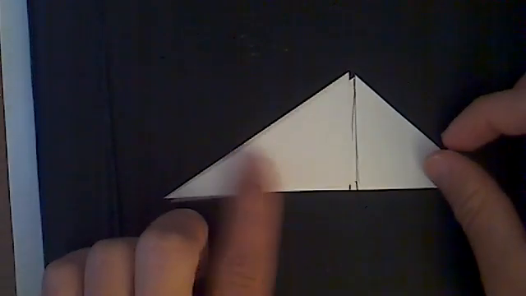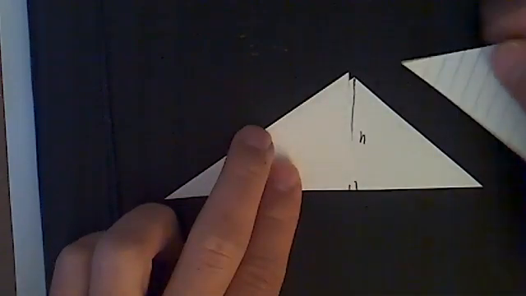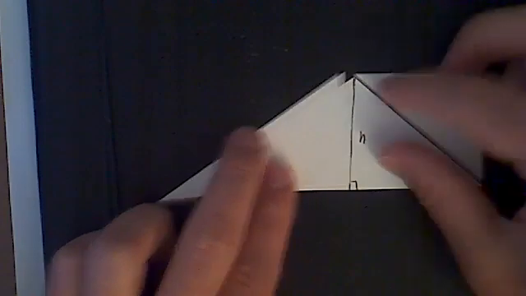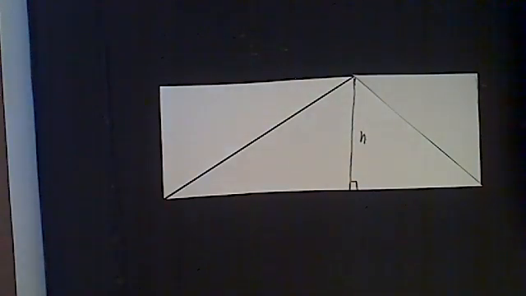So what if we took a second triangle, and I have it cut into two triangles already, a second triangle that fit exactly into it, and we took that triangle and we flipped it out like this?